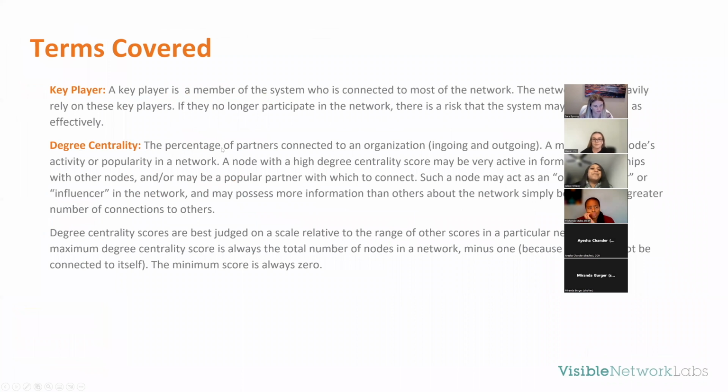So the terms we covered in this last scenario: first, key player. That is a member of the system who's connected the most in the network. The network can heavily rely on these key players, so if they're no longer participating in the network, it could be a risk to your system not functioning as effectively anymore. And then we also talked about degree centrality.